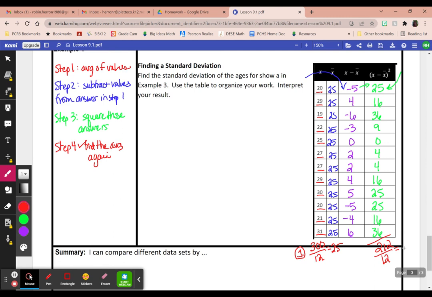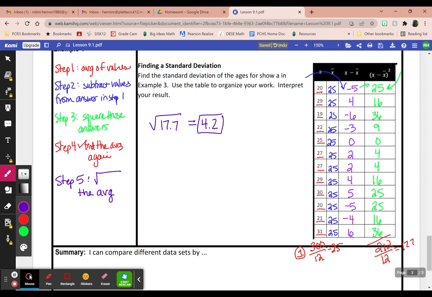And that answer is 17.7. Okay, so step 5 then is we are going to square root the mean or the average that you just found. So my last step is I'm going to take the square root of 17.7, and that equals 4.2.